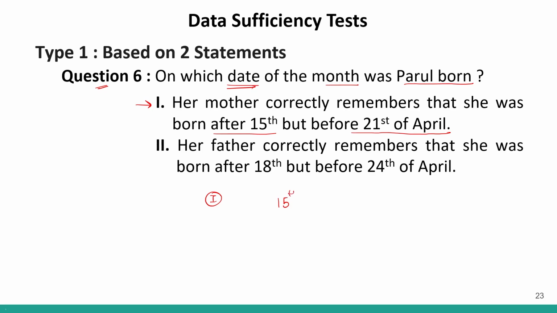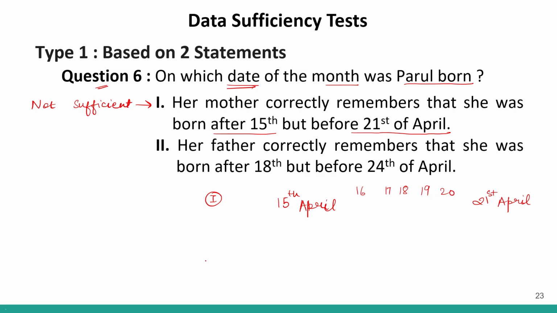That means she was born between 15th April and 21st April, correct? That means she could be born on 16, 17, 18, 19 or 20. Any of these dates. She could be born on 16 April, 17 April, 18 April, 19 April, 20 April. So we are getting 5 possibilities. So this statement alone is not sufficient, correct?